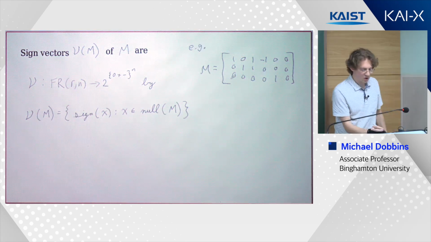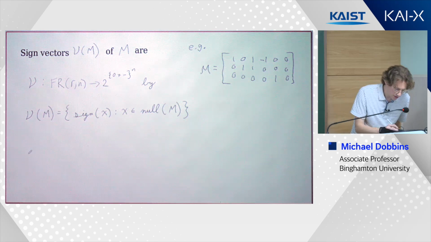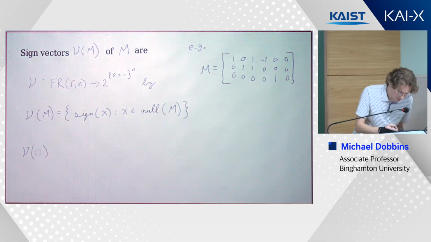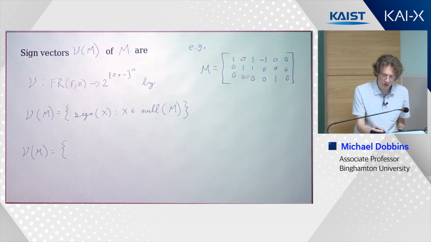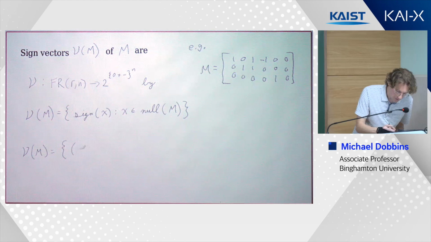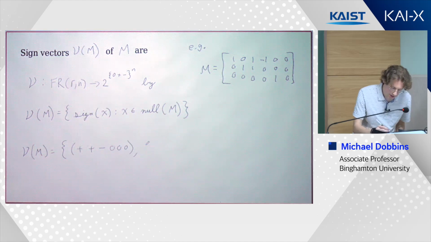I can think, how can I get 0 as a linear combination of these? Well, if I add up the first two, I get the third. So I have a linear dependence like plus, plus, minus. And of course, if I can make it one way, I can always take the negative of that.